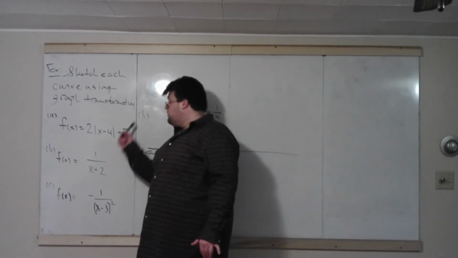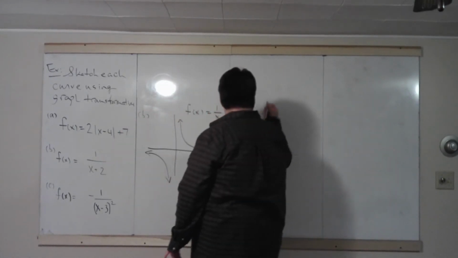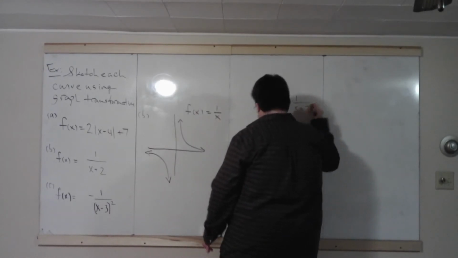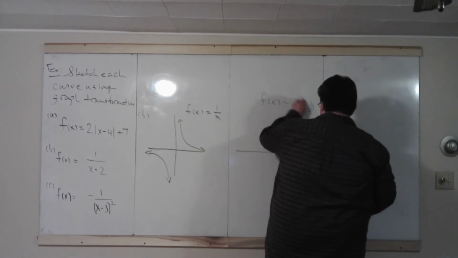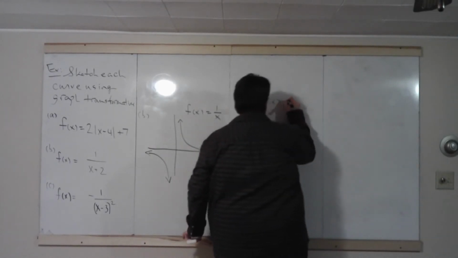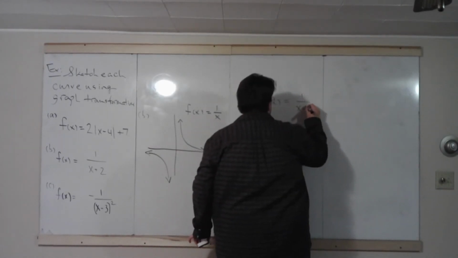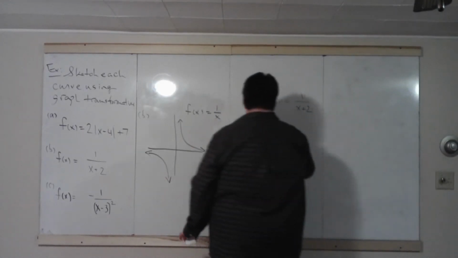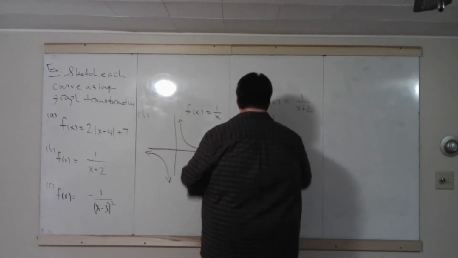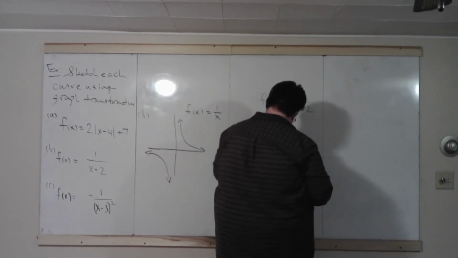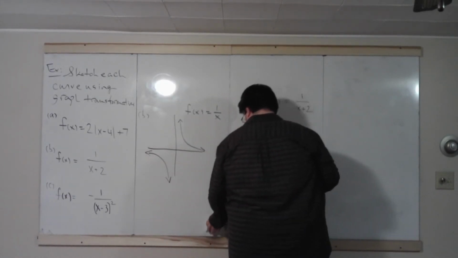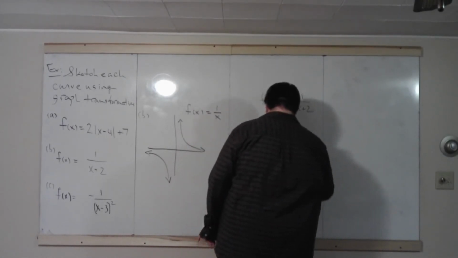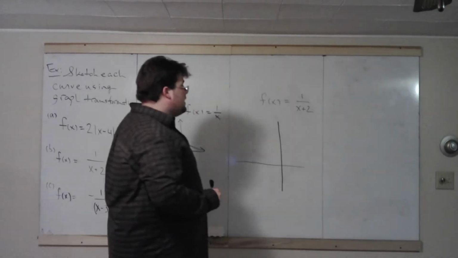So, to go from 1 over x to 1 over x plus 2, which we want to do here, let's keep track of where the denominator is 0. Where is that denominator 0?